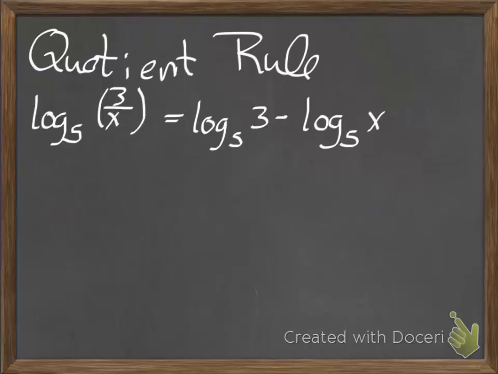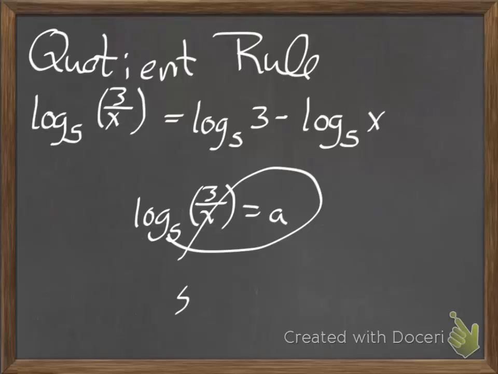So is the 3 an exponent to the 5, or is it just like a number beside? Okay, so what that really is, I was making up another variable. When I write it out, that's 5 to the a equals 3 over x.